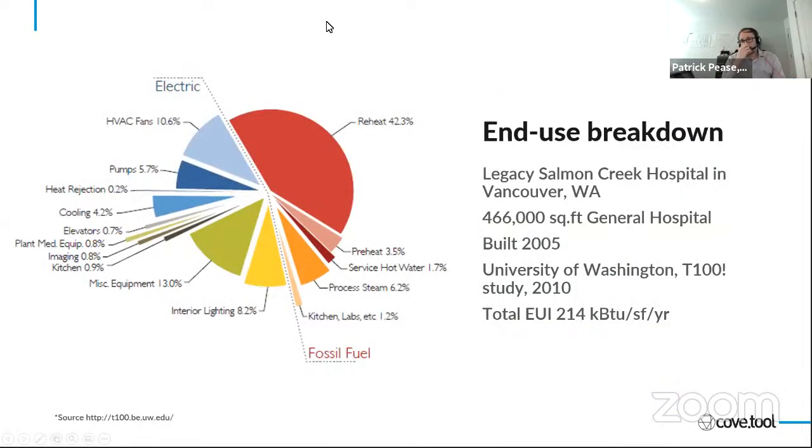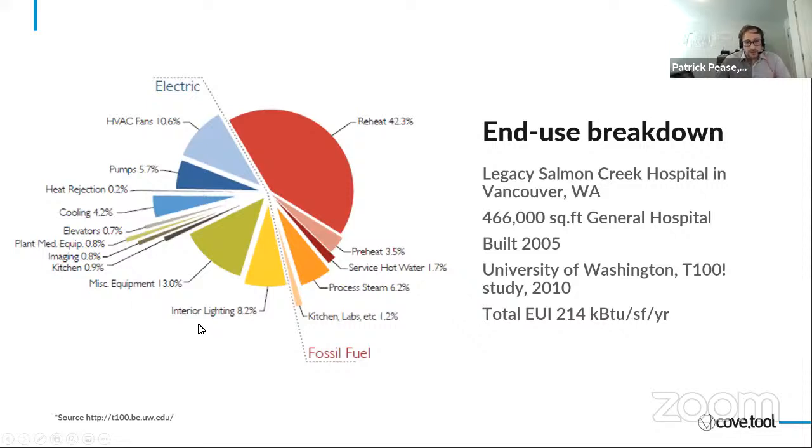For another look at that, this is a similar breakdown for a hospital on the West Coast in Washington. So a newer hospital with a lower EUI. But again, if you look at the split of where the energy is being used, it's a lot in that reheat and a lot in our equipment and lighting. The equipment and lighting percentage together is almost exactly the same.